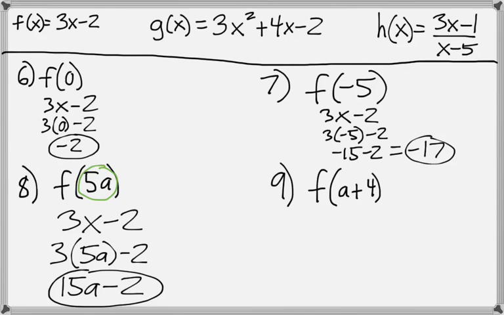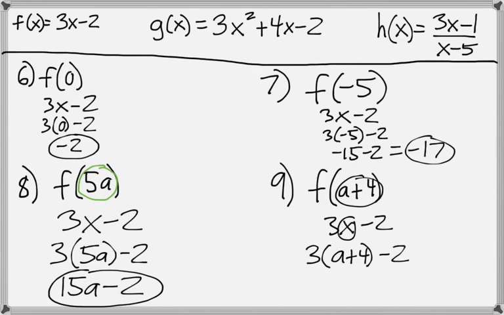And then lastly, f of a plus 4, again it's referring to the f function, and you don't need to write it if you don't want to. But where I see x, that's where I want to plug in a plus 4. So 3 times a plus 4 minus 2.